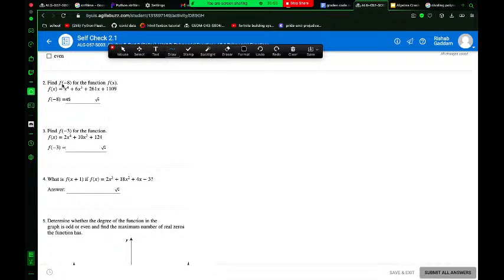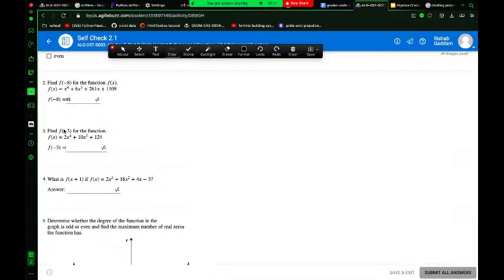That's not how you do it. So basically, you have f, and this is not times. If you have f, and then parentheses with a number in there, that means you're doing a function.